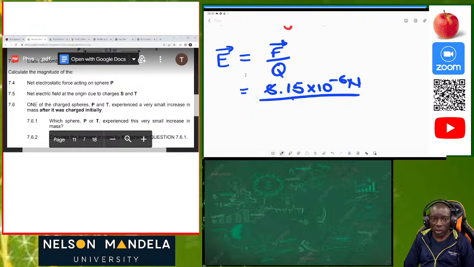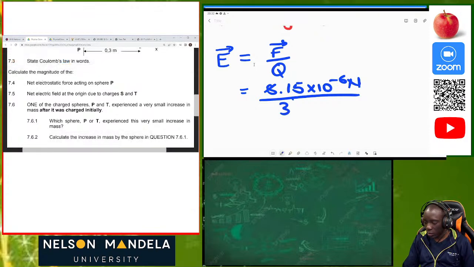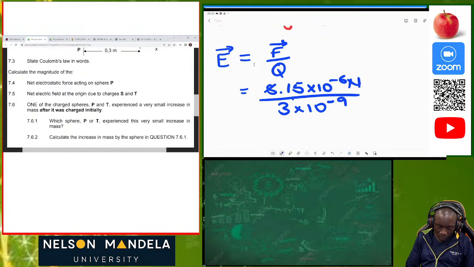So since we want also the magnitude, the sign there is not something that we need to consider much. So we can use the magnitude of the charge, which is 3 times 10 to the negative 9. Divided by 3 times 10 to the negative 9.